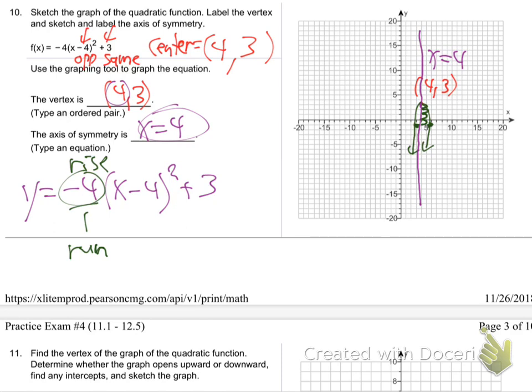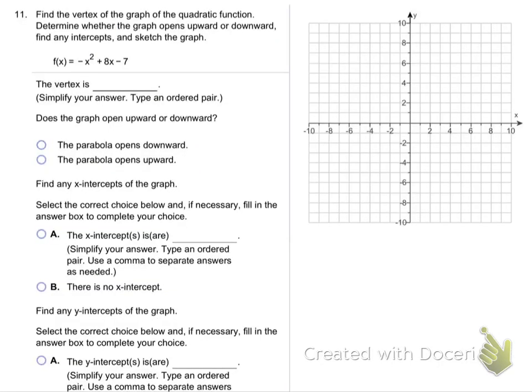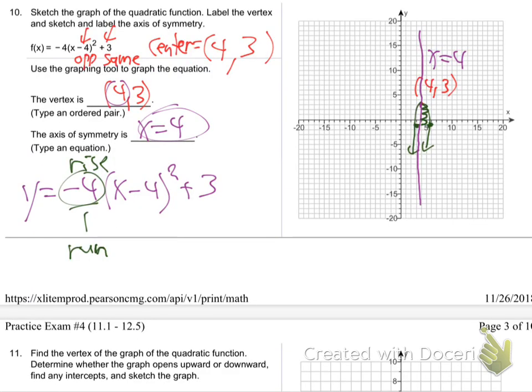All right, let's do the last one. Here we are graphing another U shape, but this time there's no parentheses squared. So there'll be both on the exam Monday. When you have no parentheses squared, you cannot do the opposite-same thing, because the opposite was the opposite of the number in the parentheses, wasn't it?